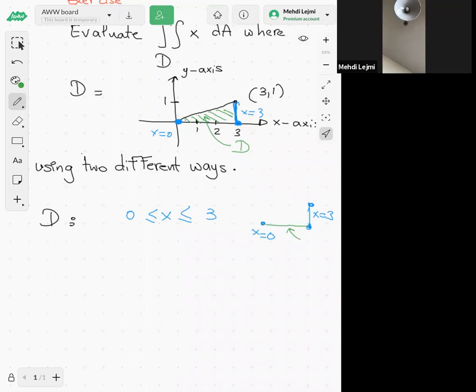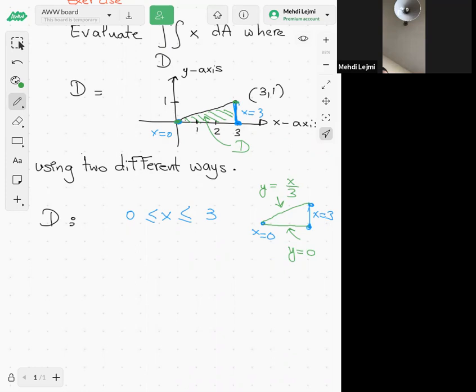Here it's the function y equals 0, right? And here, the equation of this line: it passes through the point 0, 0 and the point 3, 1. So the equation of this line is y equals x over 3, because when x is 3, y is equal to 1, and if x is 0, y is 0.